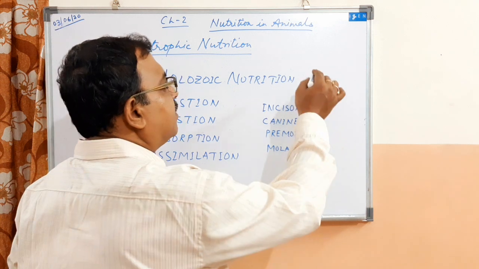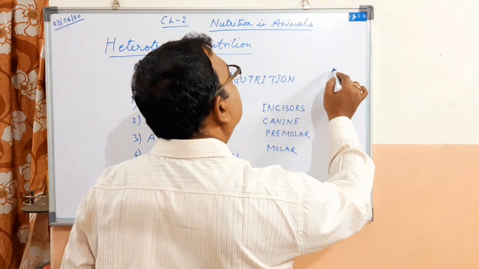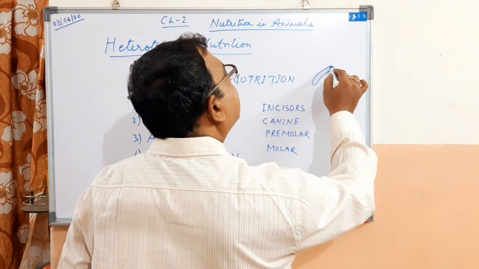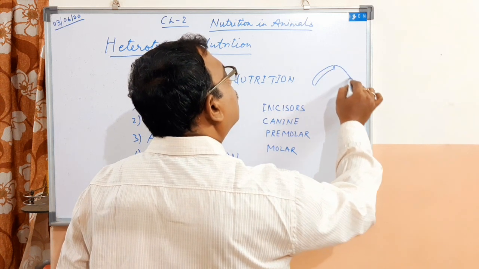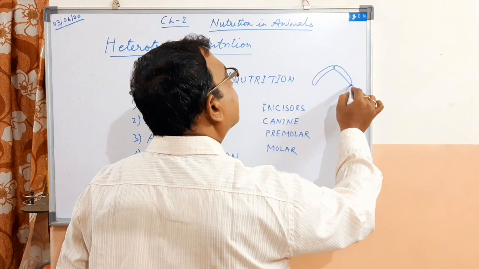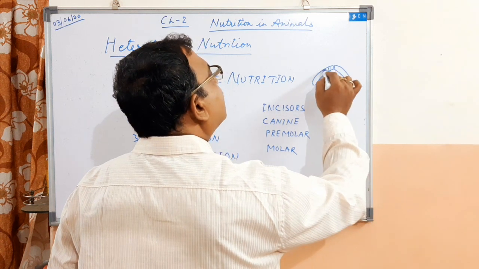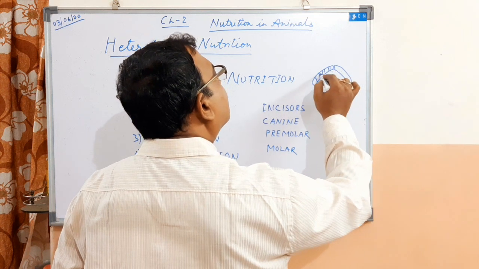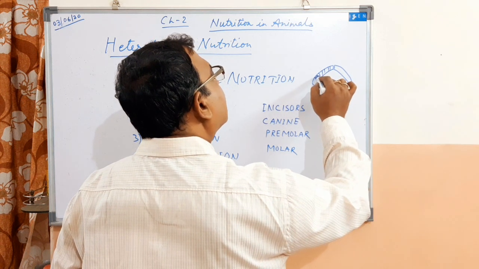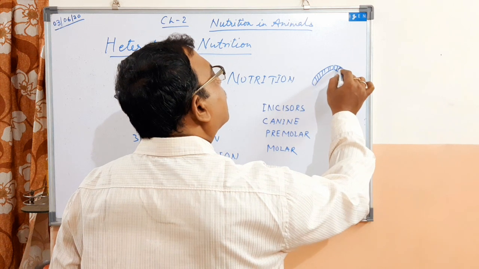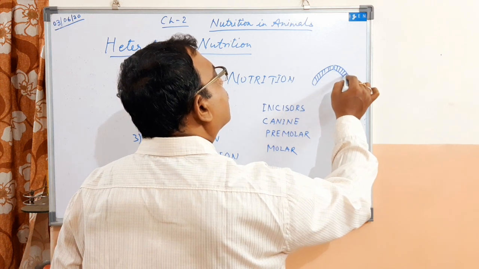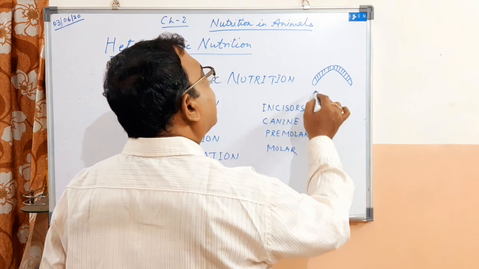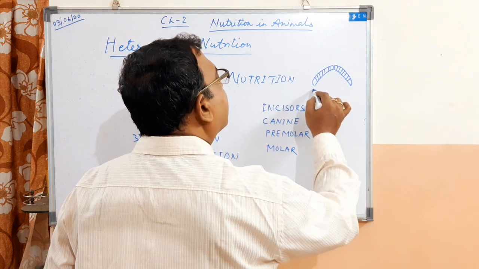Now if you see the structure of teeth in your mouth, you will find it can be divided into 2 halves. First half in the upper, and again in the lower.